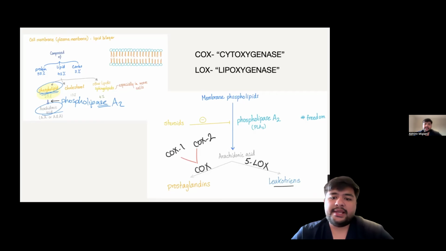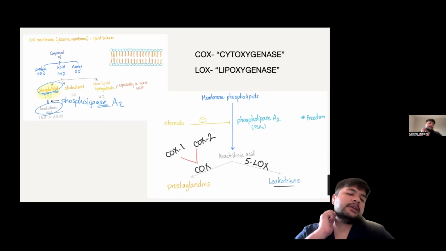when the phospholipase A2 enzyme acts on the membrane phospholipids, it leads to the formation of arachidonic acid, which forms prostaglandins and leukotrienes. For the formation of prostaglandins, we require the COX enzyme, while for the formation of leukotrienes, we need the LOX enzyme. COX refers to the cyclooxygenase enzyme, while LOX refers to the lipoxygenase enzyme.